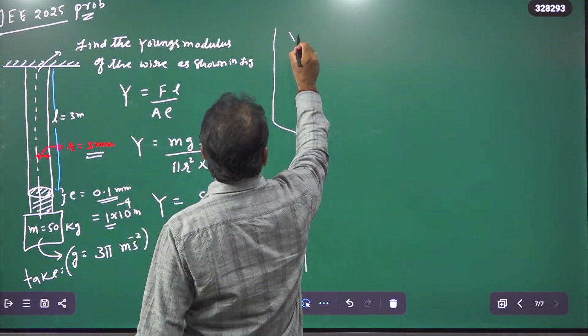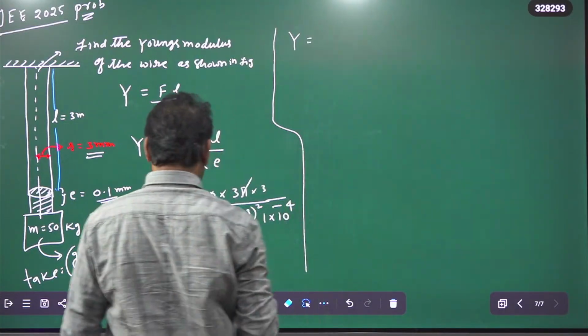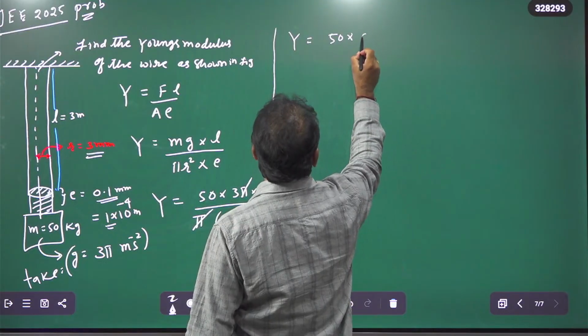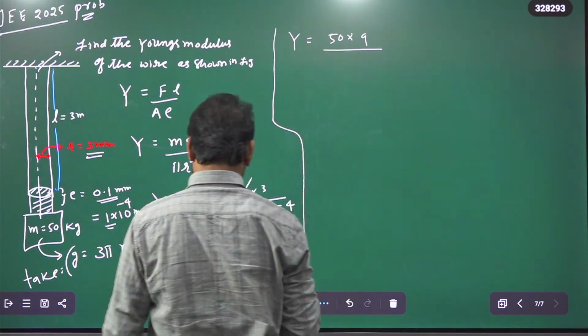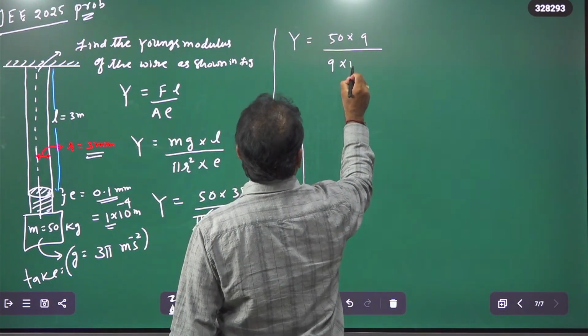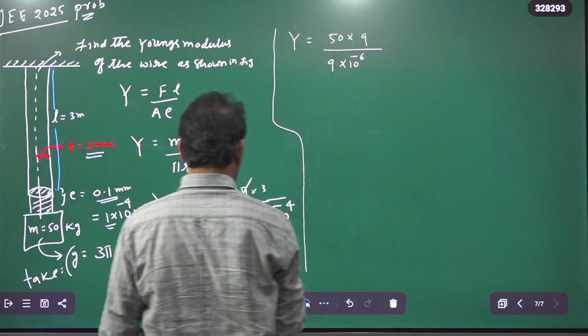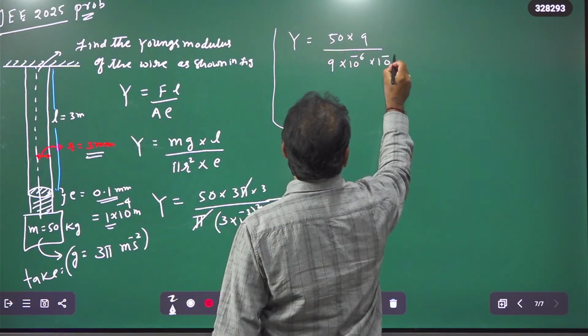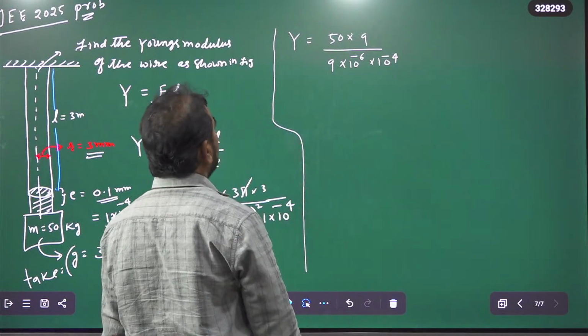Y is equal to 50 into 9 upon 9 into 10 to the power of minus 6 whole square into 10 to the power of minus 4. Is it clear?